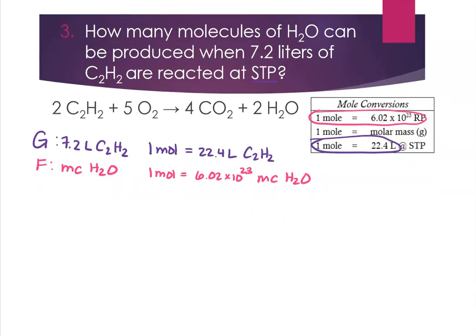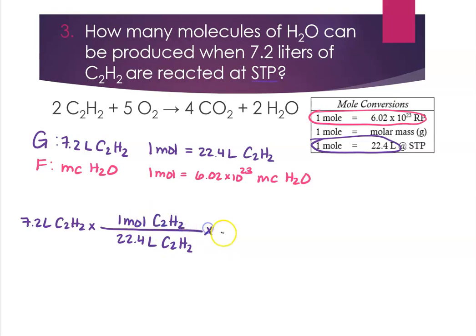All right, so I have 7.2 liters of C2H2. So I'm starting with liters, so liters go on the bottom. 22.4 liters C2H2 is 1 mole C2H2. And now I convert from moles of C2H2 to moles of H2O using my mole ratio. So in my problem, I have 2 moles of C2H2.